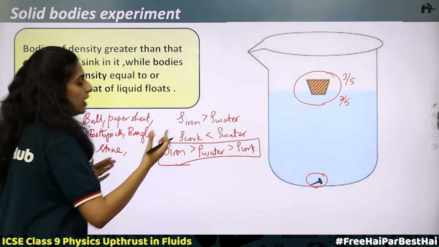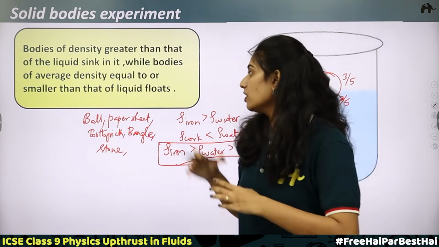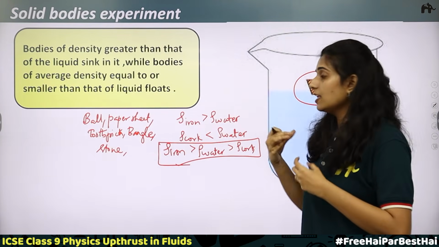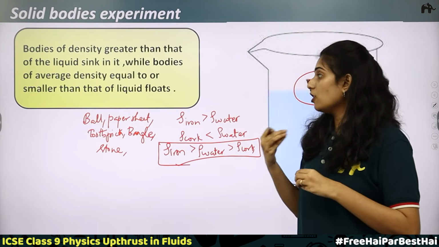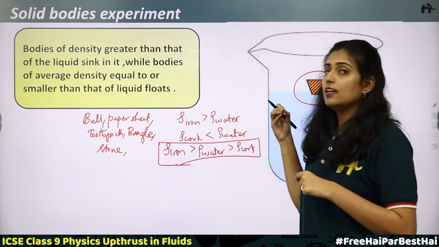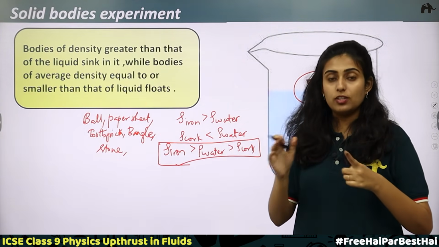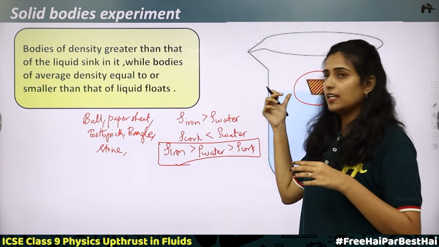So there will be differences. This all depends on the density. If the density of the object is greater than the density of the liquid, it will sink. If the density of the object is less than the density of the liquid, it will float. Even when they are equal, the body will float completely inside the liquid.